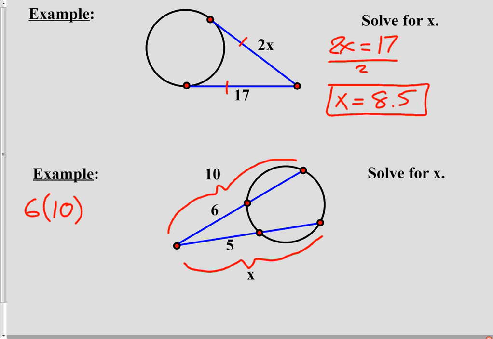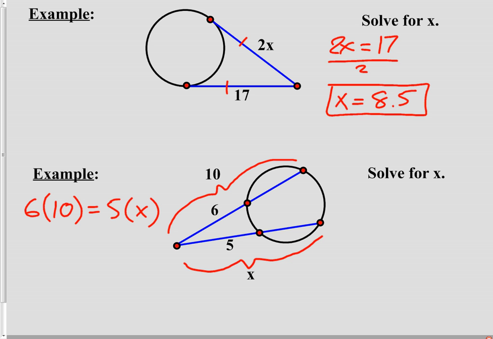So 6 needs to multiply by 10, and then that should equal the same process from the other secant. On the other secant, what's the length outside the circle? That would be a 5. Then that should multiply by the length of the entire secant, which is marked as x. So there's our x. That's what we need to work out.